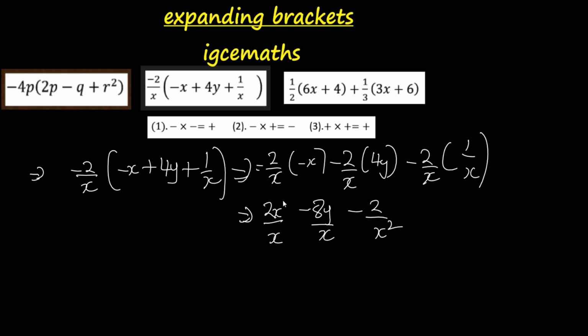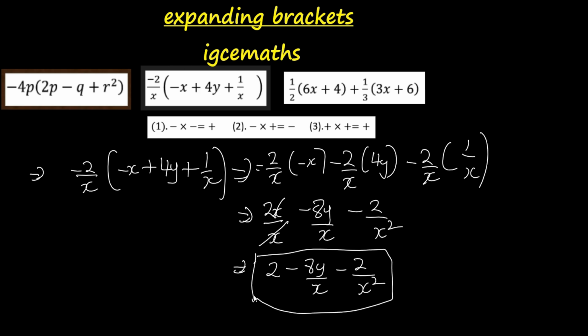Now here this x is going to cancel this x, and then you're going to have 2 minus 8y over x, and then minus 2 over x squared. So this will be our answer. When we factorize this one, you're going to have the same answer as we have over here. But in all these, what you must know is how you deal with the negative and the positive when they are multiplying. Now let's consider the last question.